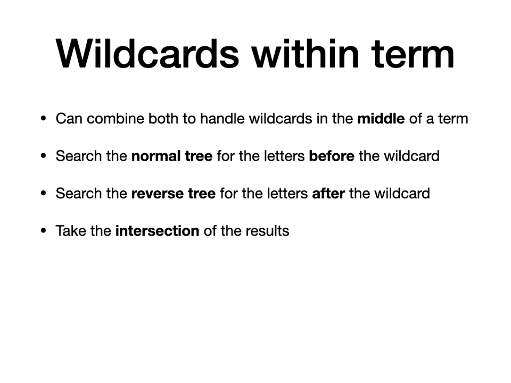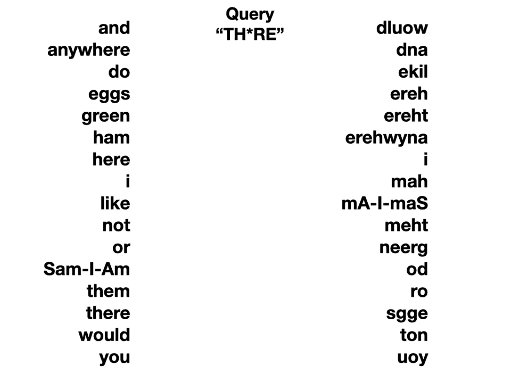Then we intersect those, because a word needs to both start with this and end with that. So let's look at this. We're looking for TH-something-RE. Now that's a silly example. You can know immediately what we're going to find as a human being, but the question is, how do we make this system do that?